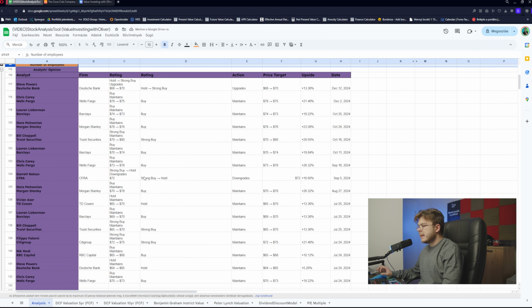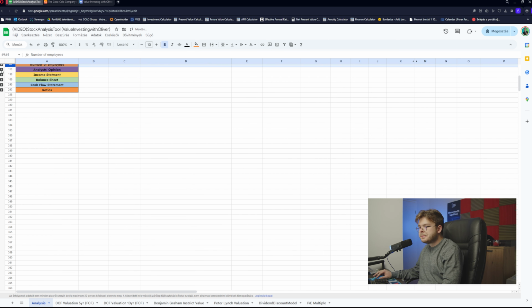And if we are looking at what the analysts are saying, we can see that there is generally about 15% average upside by them. I would take it with high risk, so don't believe in analysts. Start researching by yourself, but you can generally see that their targets are about the buy or the hold-ish area.